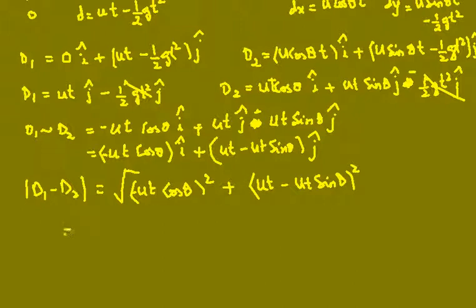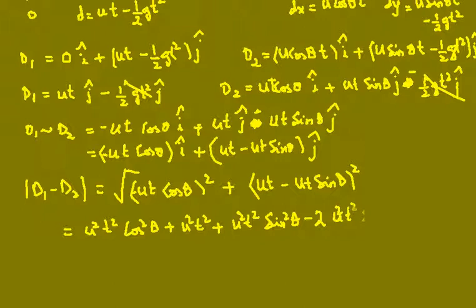So this would give u square t square cos square theta plus u square t square plus u square t square sin square theta minus, multiplying out a minus b whole square, 2 into u square t square sin theta, of course with the square root included.